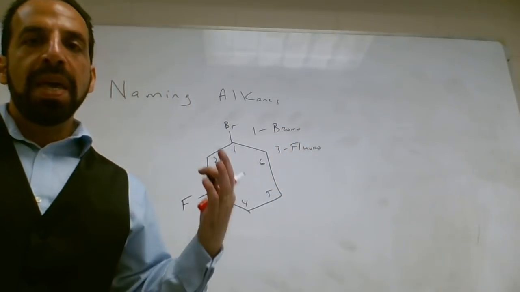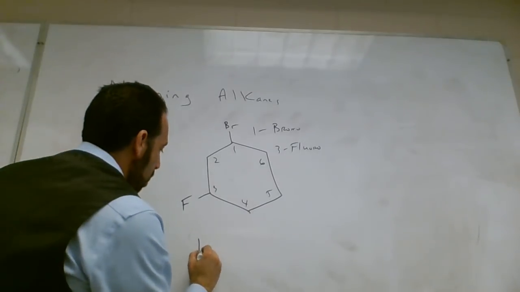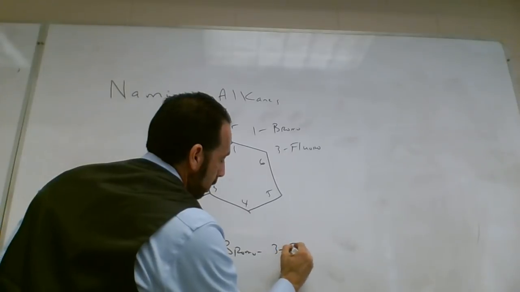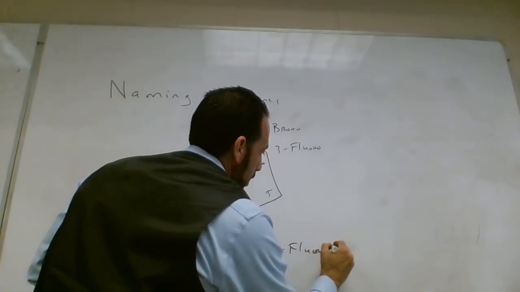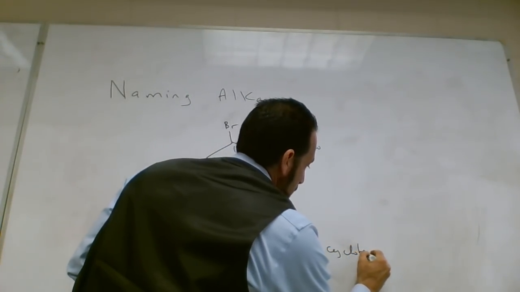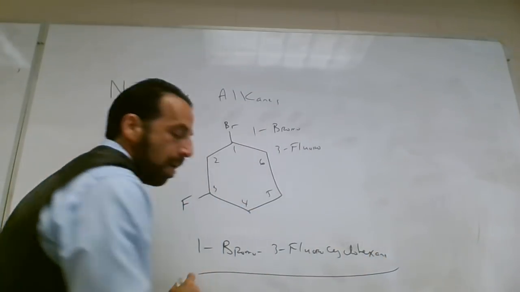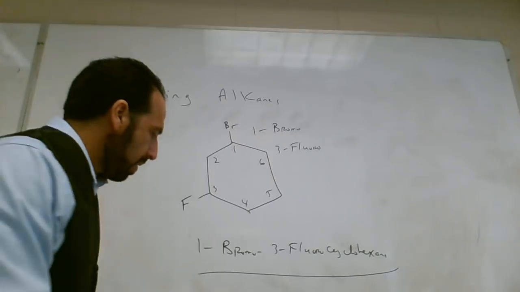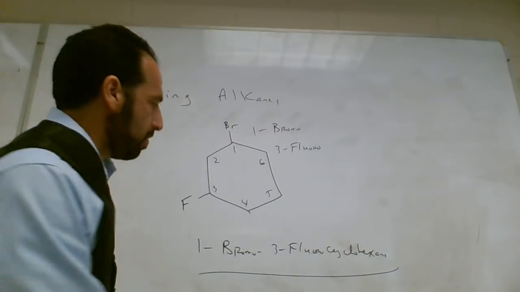That's 3 fluoro. It's cyclo. So I'm going to say 1 bromo, 3 fluoro cyclohexane. Let's just do one more with this one, and then we'll be done for the alkanes.